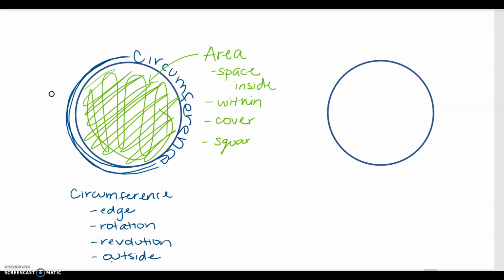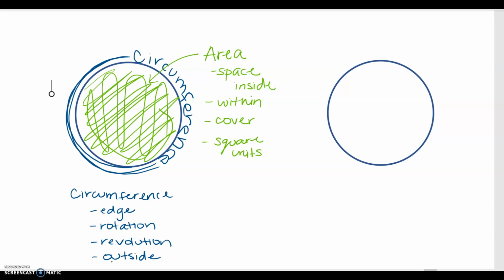So area's square units. It's important that we know the difference between circumference and area, because that will help us determine what formulas we're going to be needing to use.